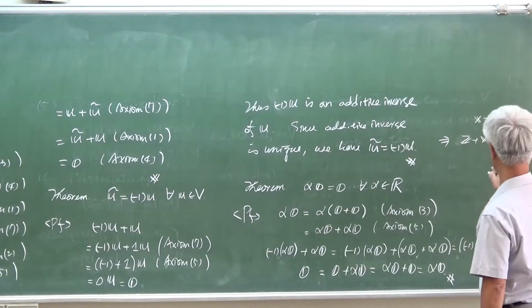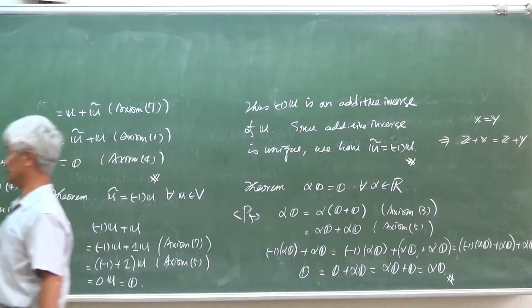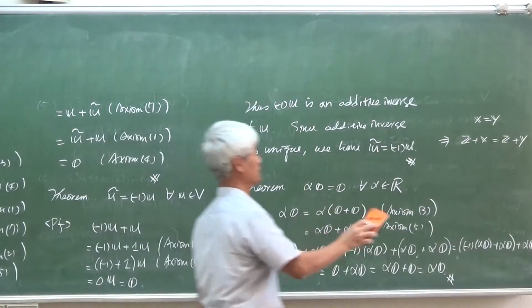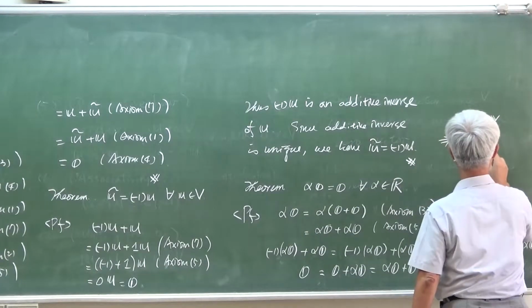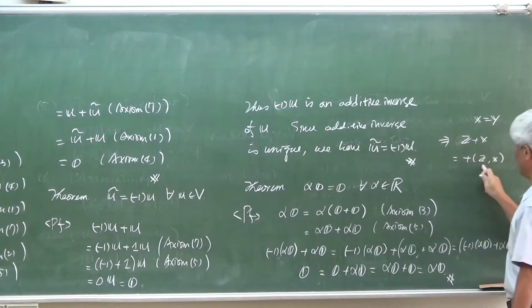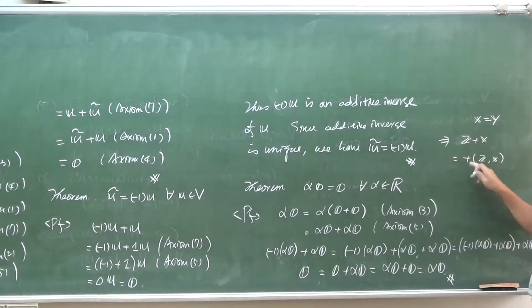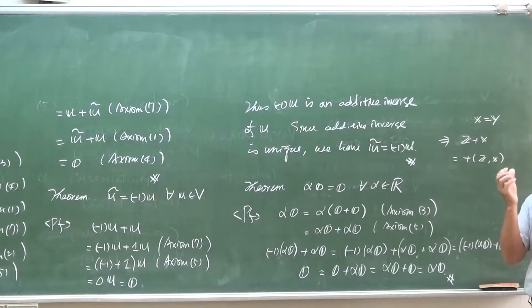So it's just like, let me, this is the function value, right? Because plus is a function. We apply the plus function on the pair of vectors.